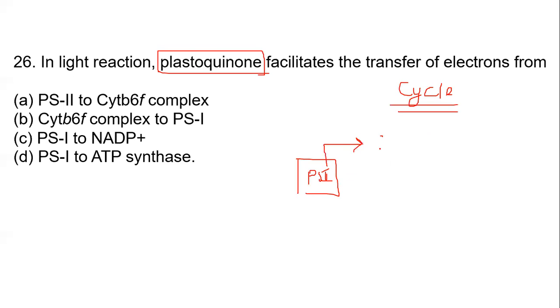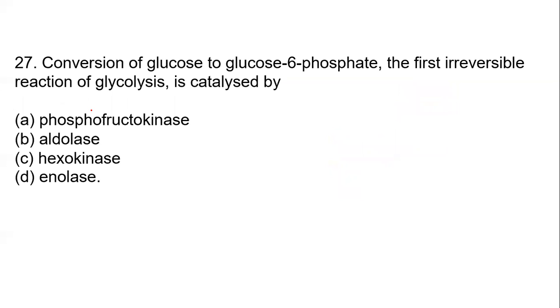From the PS2 to cytochrome B6F, you will see a compound in the center which is referred to as plastoquinone. It facilitates the transfer of electrons from PS2 to cytochrome B6F. Clear, everybody? Moving on to question number 27.